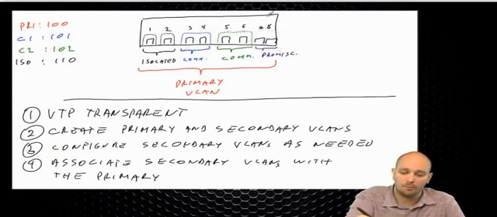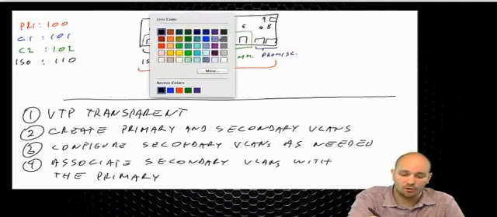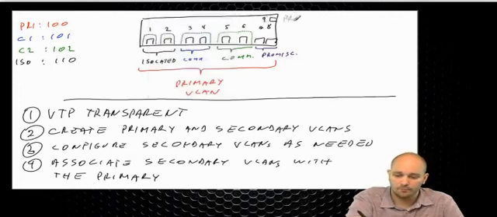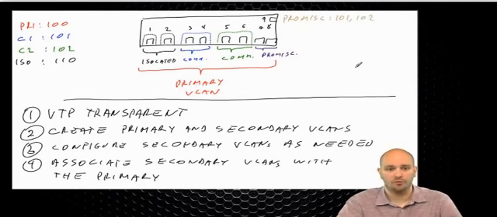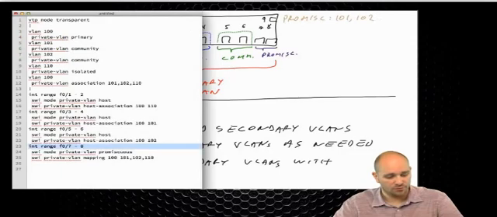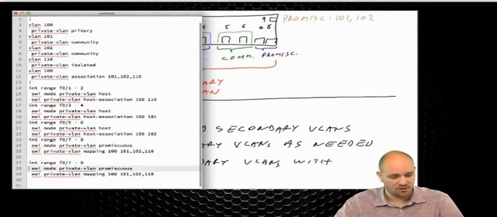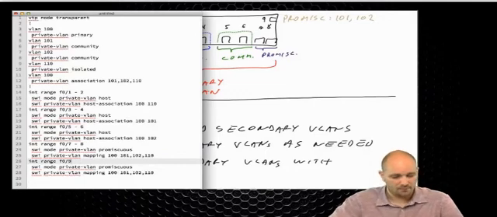But let's add port number 9, for example. We want this port to be, let's say, a promiscuous port for only VLANs 101 and 102, but not for 110. We can do that as well, so I'm just going to repeat this configuration here, and this is going to be interface FastEthernet 0/9, and this is going to be promiscuous for only VLANs 101 and 102.